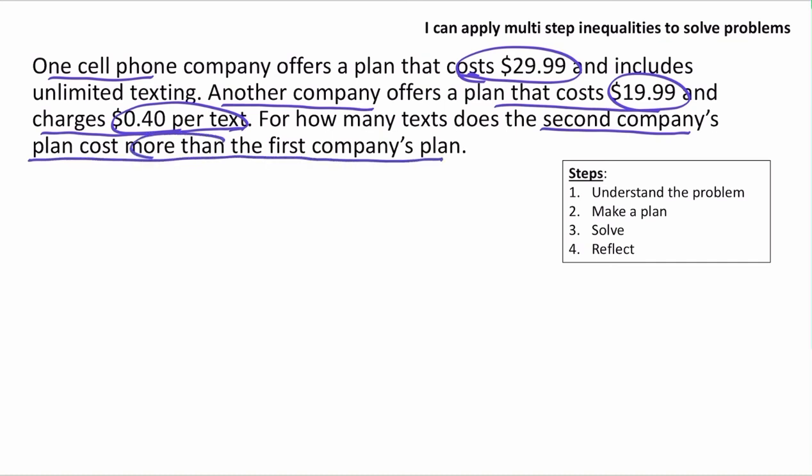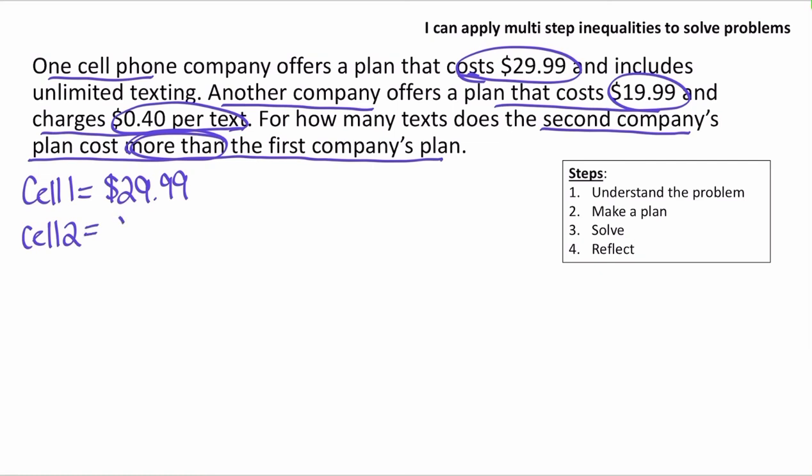Here's that "more than." Remember, that's one of our phrases that represents an inequality symbol. So we're comparing two companies. I'm going to call the first company cell 1, and that is going to cost just $29.99. We don't have any additional fees. Then we're going to compare it to cell phone company 2.